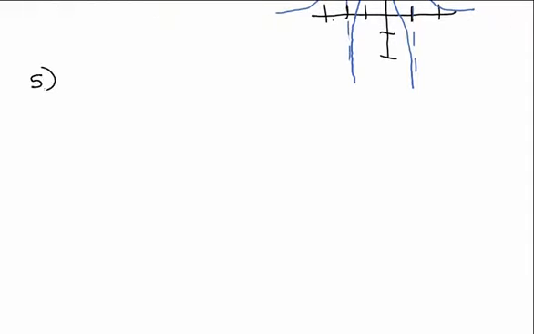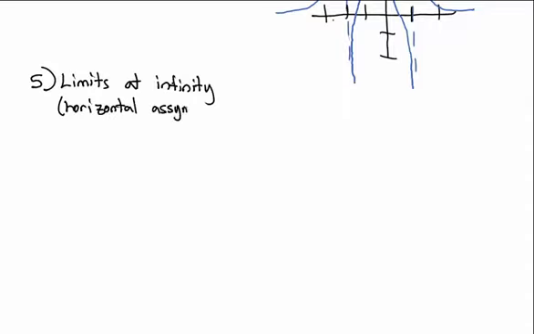Be careful not to confuse that with what we call our limits at infinity, also known as horizontal asymptotes.